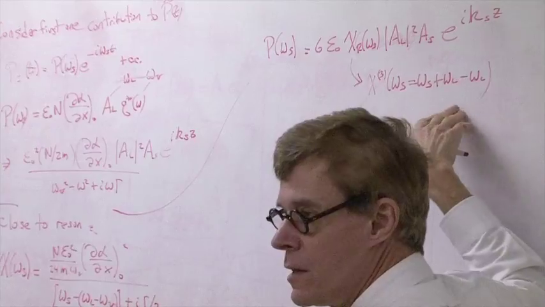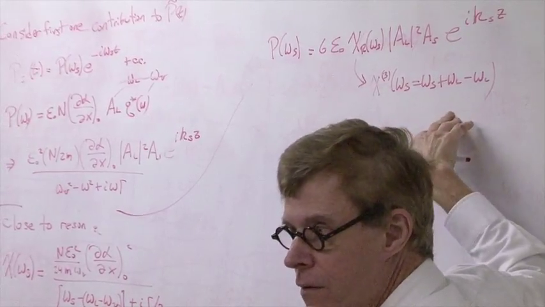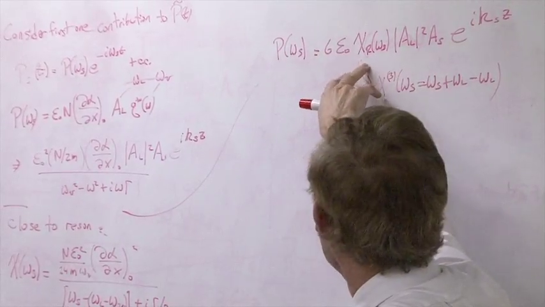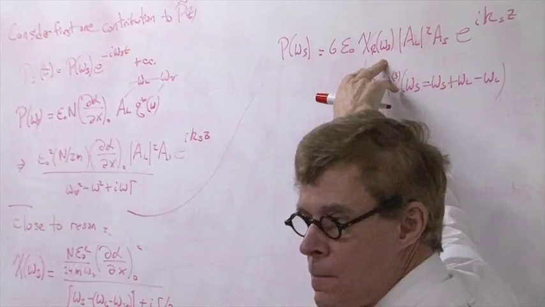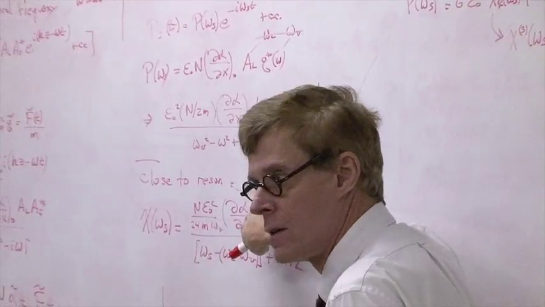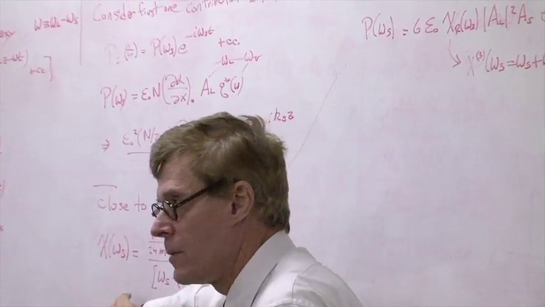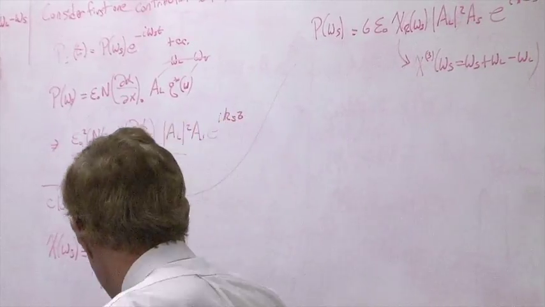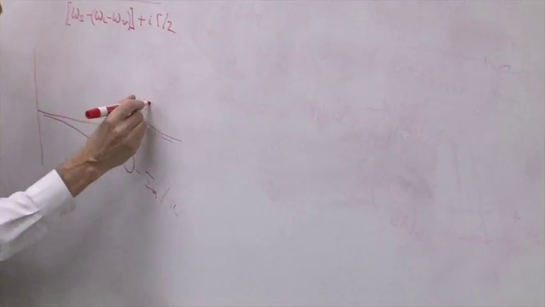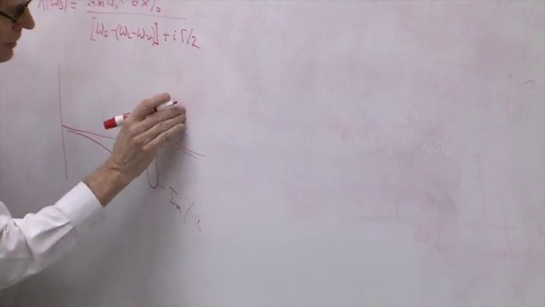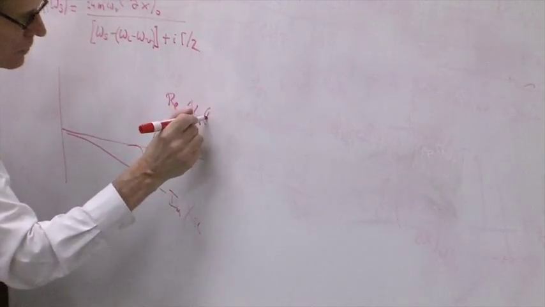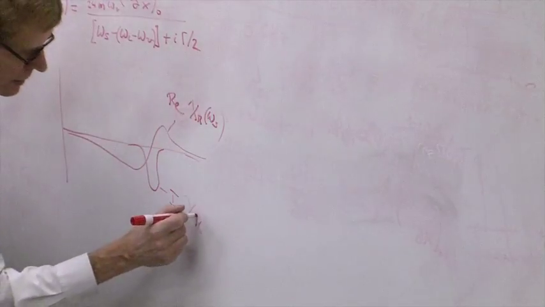So this would be the standard form for a cross-action effect susceptibility. I'll just call it chi Raman at the Stokes frequency so that we don't have to write it out all the time. Defining it in this way, the Raman susceptibility takes on this form. So this is the imaginary part of chi Raman, and this is the real part of chi Raman at omega s.